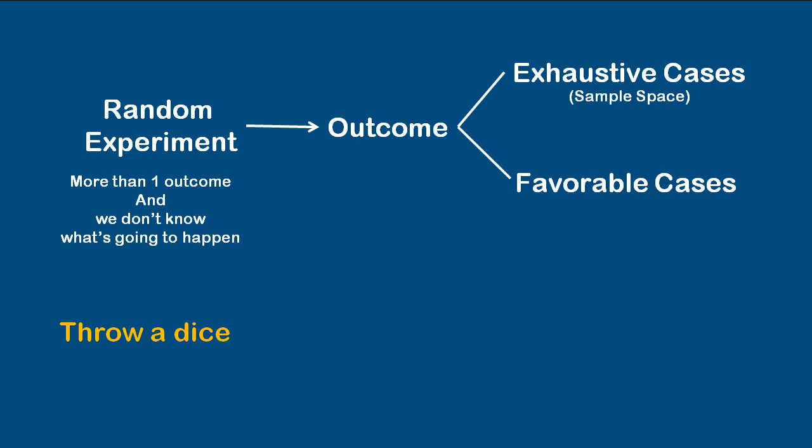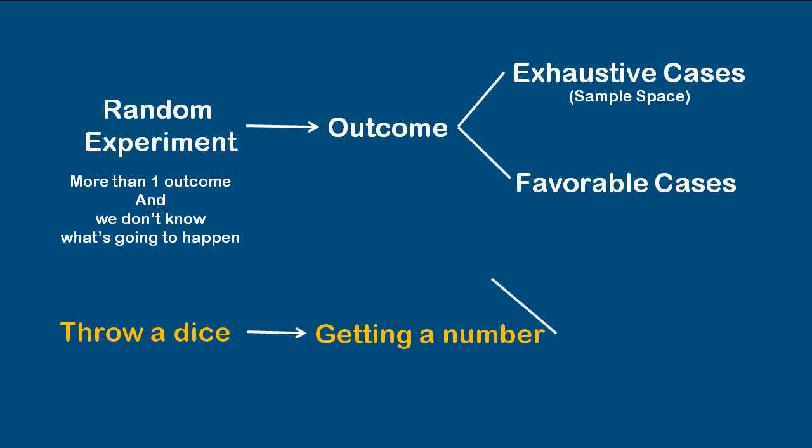You cannot surely say, yes, I'm going to get number 4. So throwing a dice becomes a random experiment. What's the outcome? Getting a number itself is an outcome. Any number that you get is an outcome of it. Basically, when you do any kind of experiment, whatever may come is an outcome.